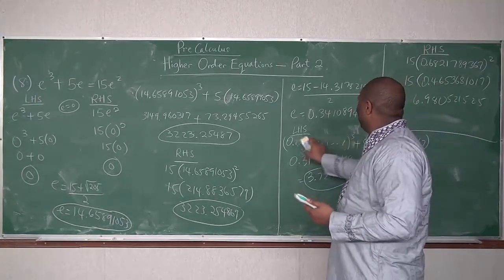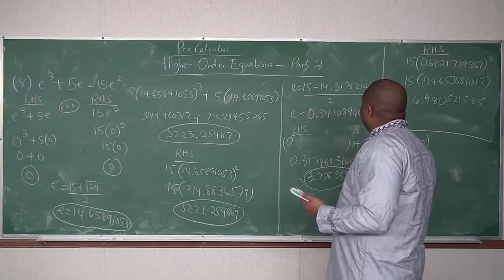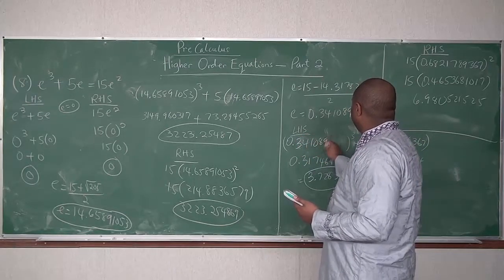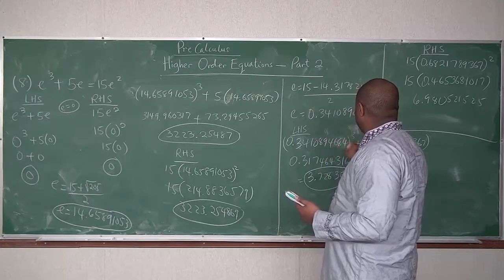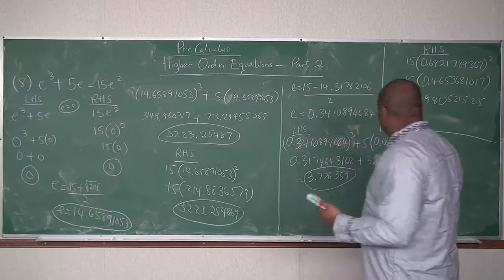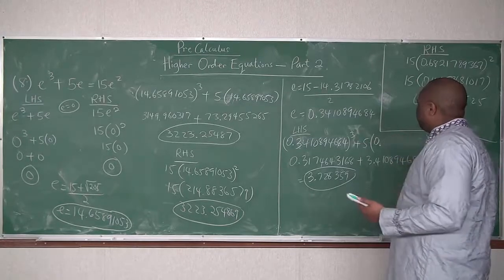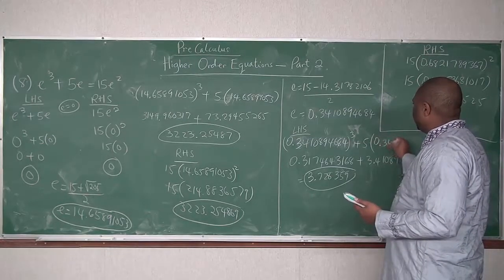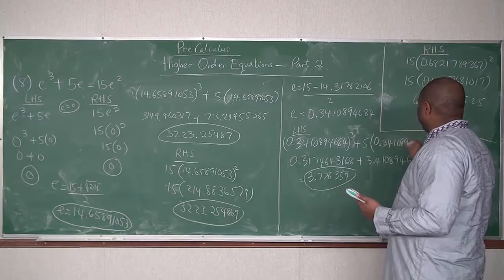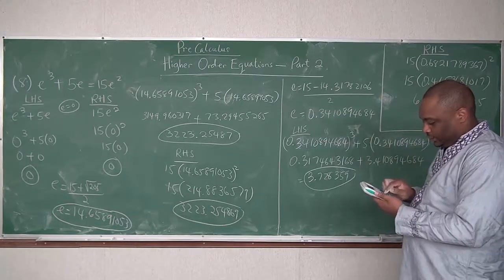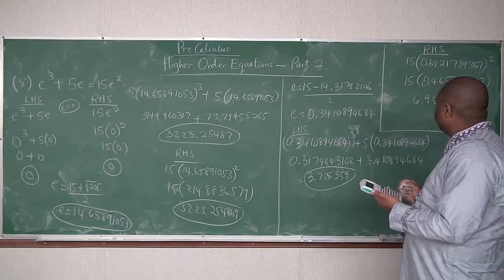Now this is 0.3410894684 all cubed plus 5 times 0.3410894684. Alright, so this cube is this.